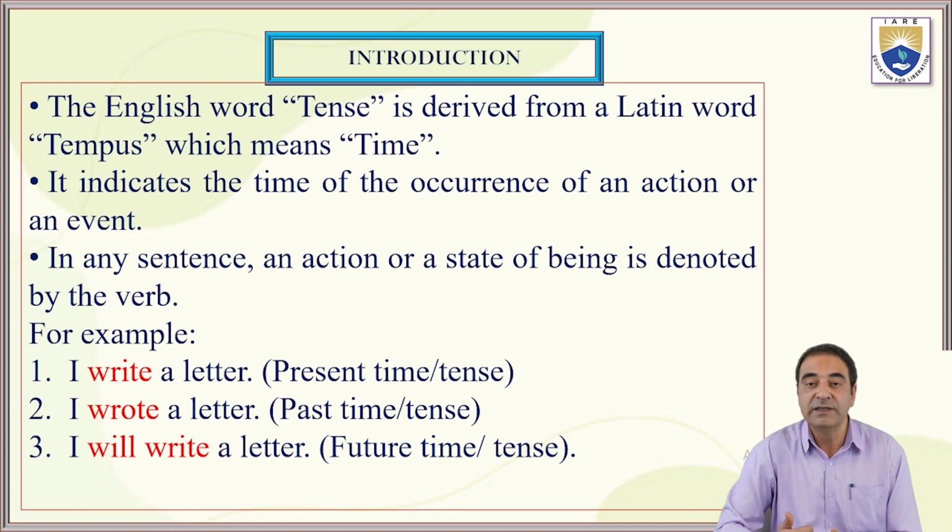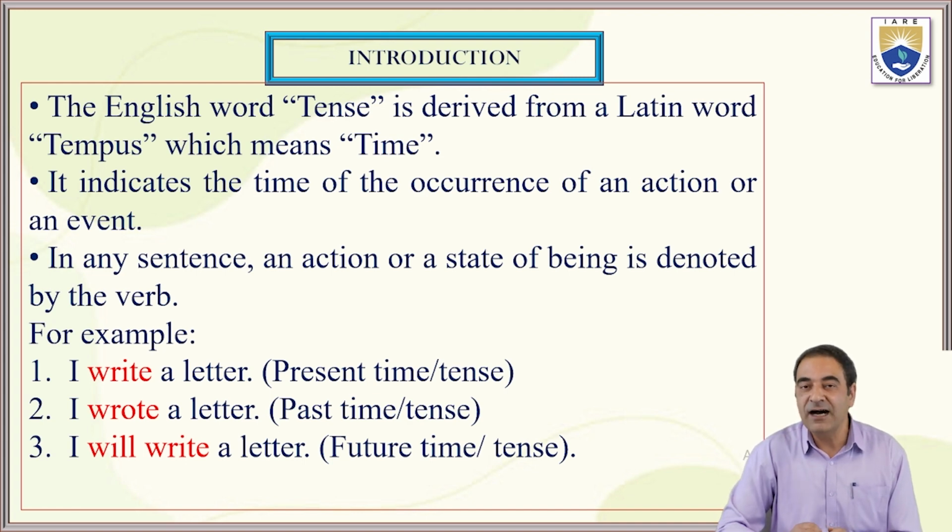For example, when I say I write a letter, write here means something which I do in present. When I say I wrote a letter, it means something which I did in past.